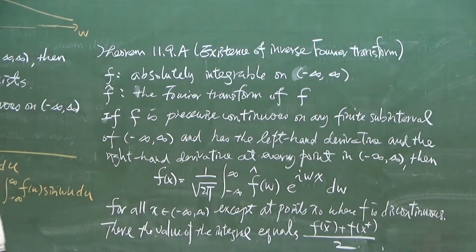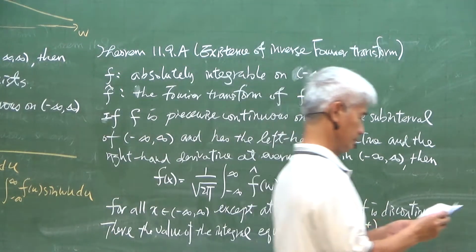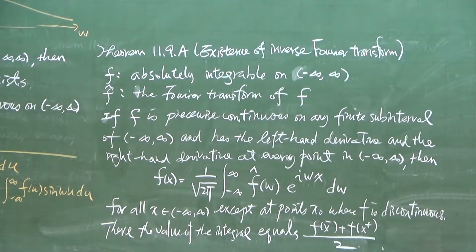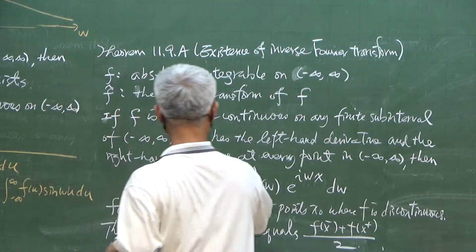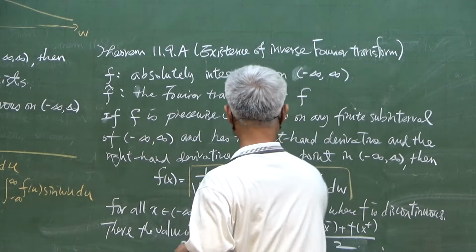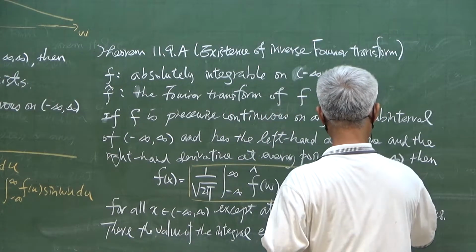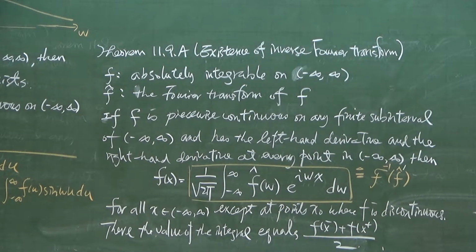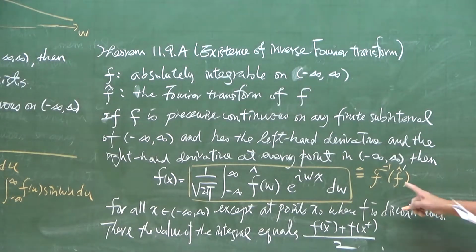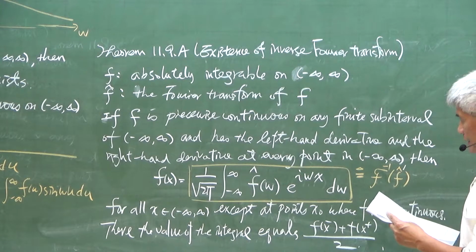This is the ninth theorem. And as before, the right-hand side will be denoted as the inverse Fourier transform of f hat.